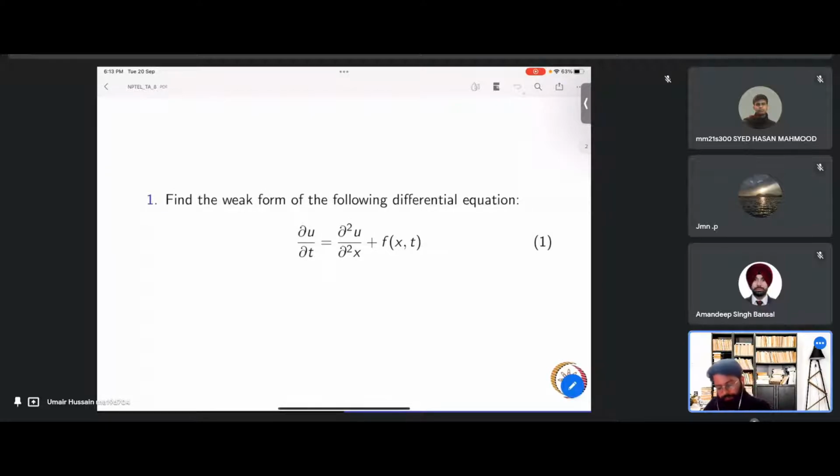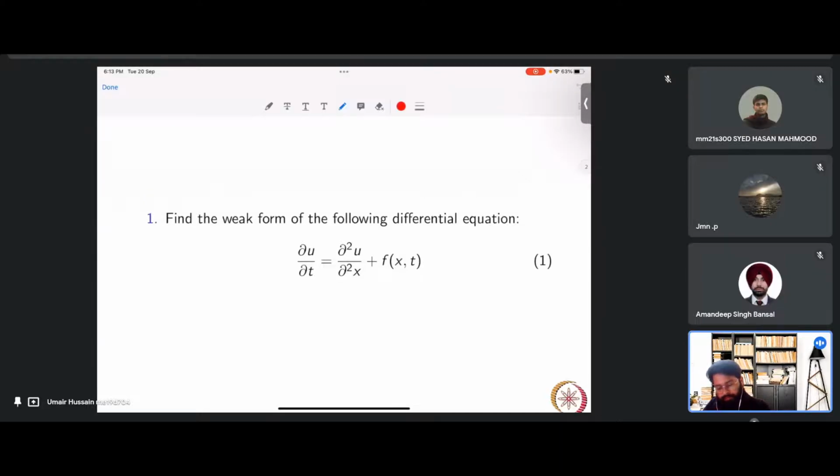Okay, so we go back again to the weak form. Can someone tell me what is the first thing we do before writing a weak form? I think this should be very much clear by now. So how do we start the problem while writing the weak form?